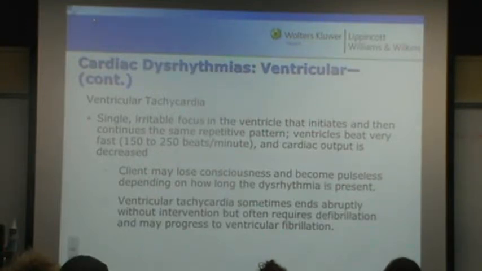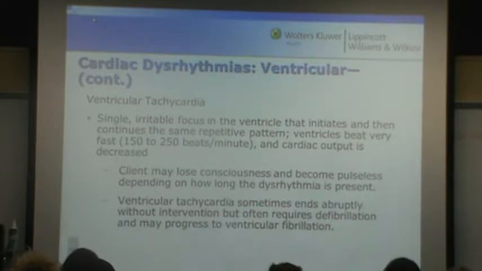They're ventricular complexes, so they have a wide, bizarre look to them, but they are regular, if you notice. Because it has that same repetitive pattern where that spot in the ventricles keeps firing, it is very regular.